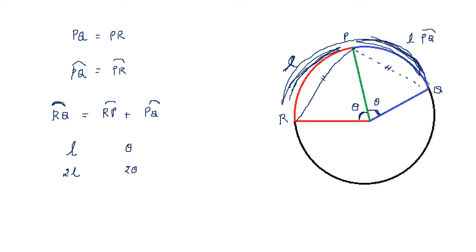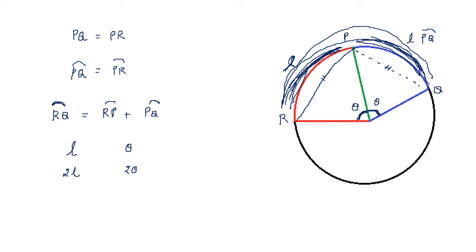I am indirectly trying to tell you that the measure of the angle will depend upon the length of the arc, and conversely the length of the arc will depend upon the angle at the center. So there is a corresponding nature in both. When I doubled the arc length, the angle also doubled.